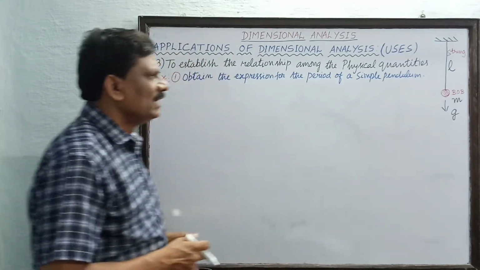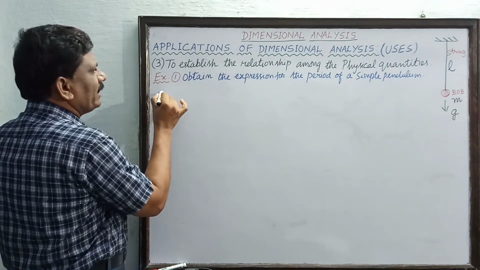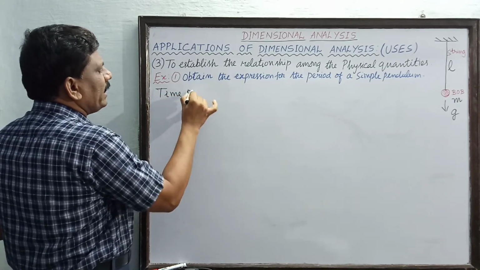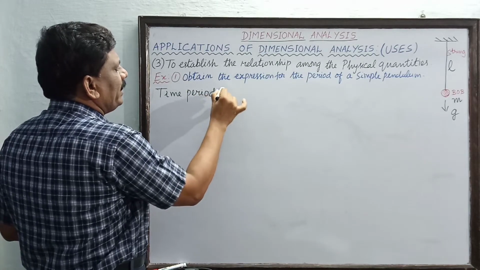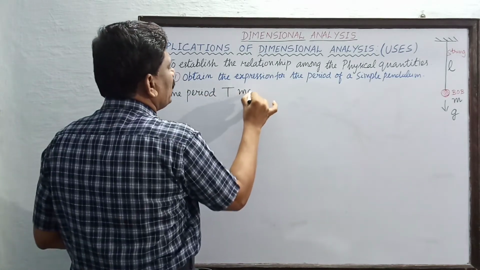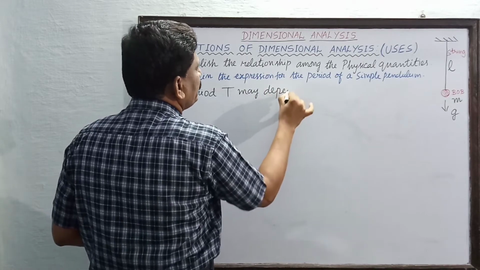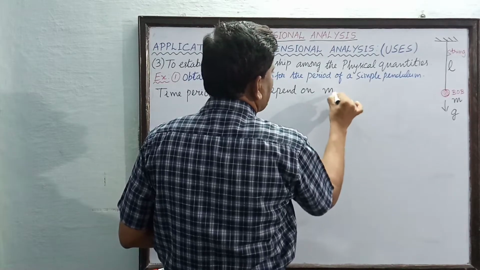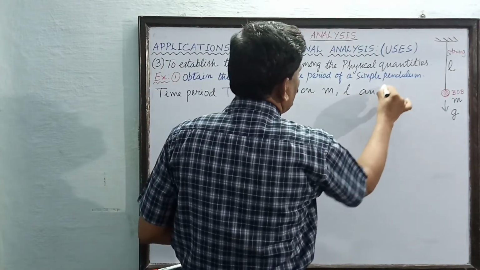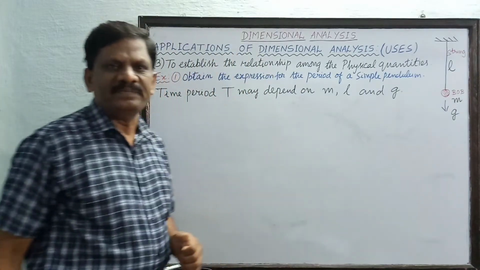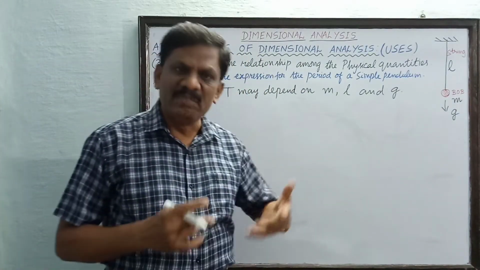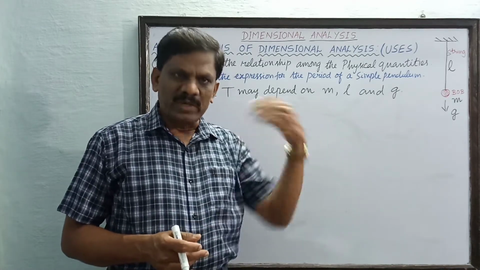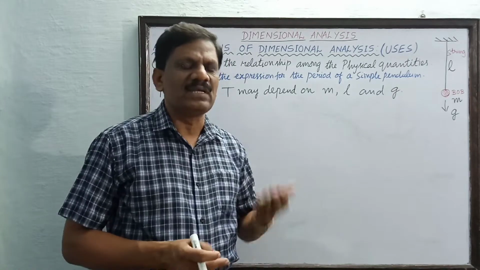So for that, I will take the time period of oscillation, denoted by the symbol T, which may depend on mass m, length L, and g, the acceleration due to gravity. Even if it depends on the mass or length or acceleration due to gravity, it may be to the square root of these terms or square or cube; we don't know.